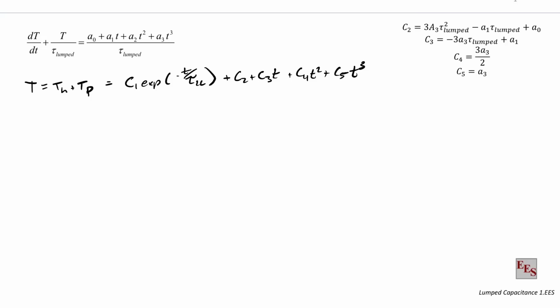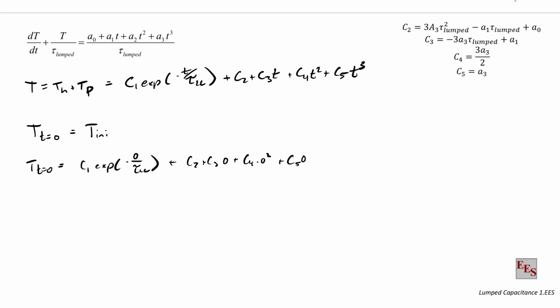For this problem, we were told the temperature at time equals 0, which is our initial condition, was some temperature T initial, which is a constant. This is some value that we would know or be given. If we enforce this boundary condition, it looks something like this. We'd say T at t equals 0 is equal to C1 exponential of minus 0 over tau LC plus C2 plus C3 times 0, so 0, plus C4 times 0 squared plus C5 times 0 cubed.